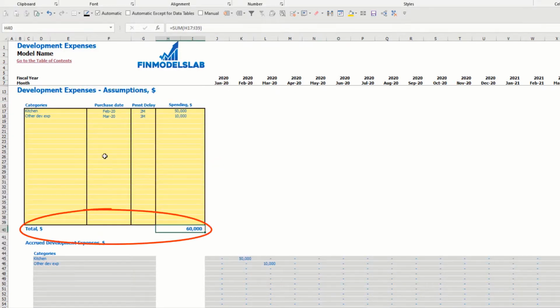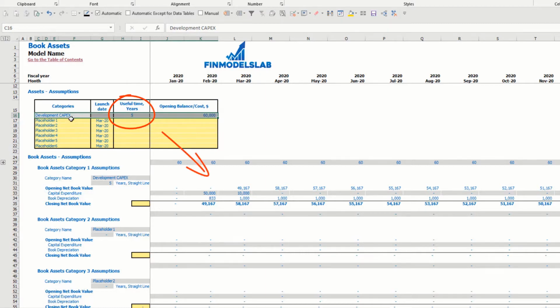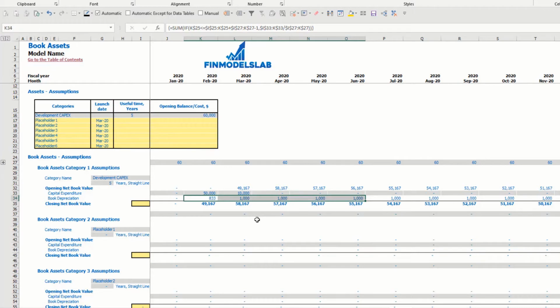The total amount of development expenses is connected to the assets tab. You may see it here. By default, the useful life for development CAPEX is 5 years, so you may see the calculation of depreciation and closing net book value.